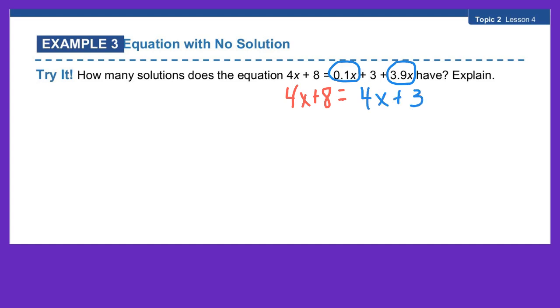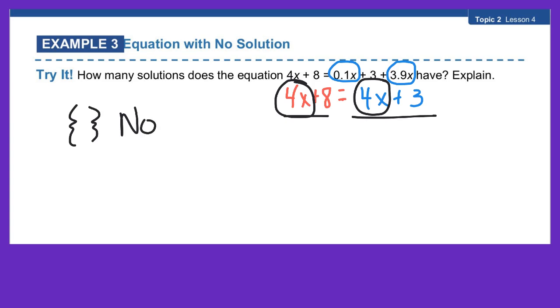Now I would stop, because although these are similar, they both have the same variable term. Their constants are different. There's no variable that can be on this earth that is going to make that work. This is no solution, the empty set.